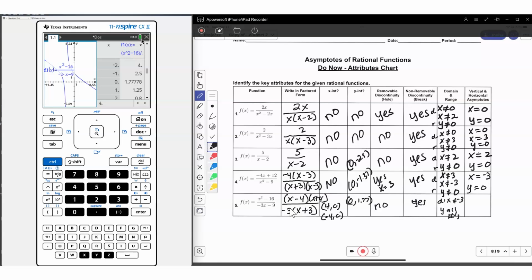The domain is, again, x will not be -3. We know that the vertical asymptote is going to occur at x equals -3, and there is no horizontal asymptote.